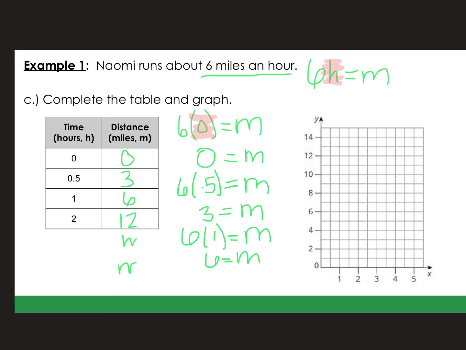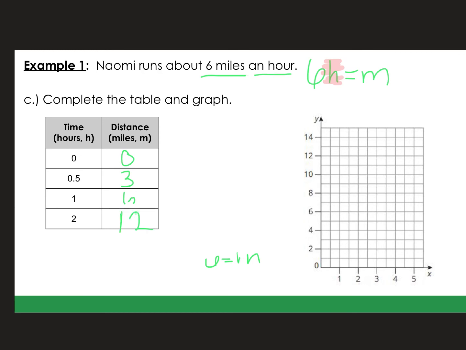Now I'm just going to graph this. So I'm going to erase this stuff real quick. If you needed it, just go ahead and pause the video. Okay, so this becomes my coordinates. I have the independent variable as my x, my dependent variable as my y when I'm graphing.